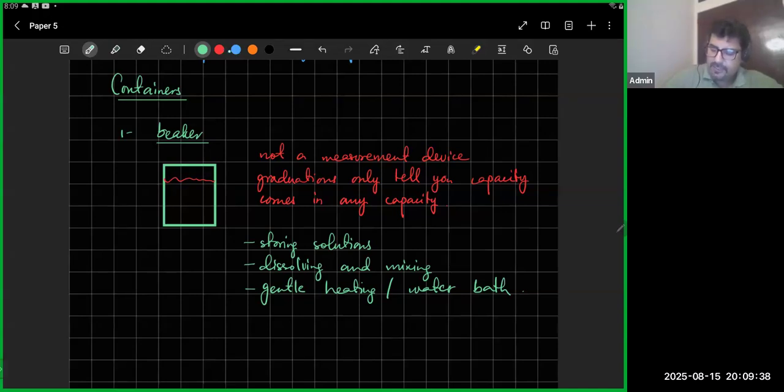Then it's normally not used for reactions. You can do reactions, remember, इसमें नहीं करते, but you can do it. You can use it for reactions, but normally it's not used for reactions because it has some issues, okay? Especially vigorous reactions, there might be spillage.